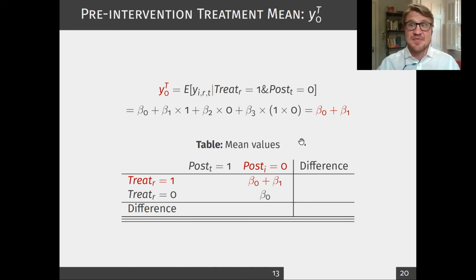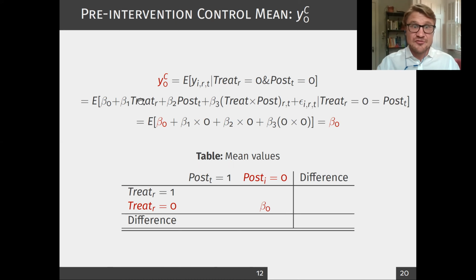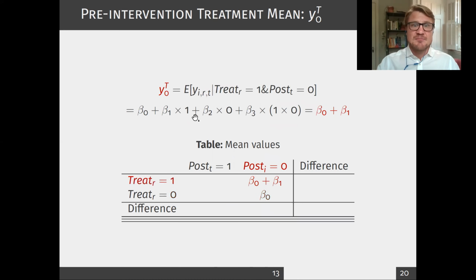Let's try and calculate the mean in the treated group in the pre-period. Now, of course, this is the expected value when treat equals 1, it's the treated group, and post equals 0. And now you have beta 0 plus beta 1 times 1 because treat equals 1, but post equals 0 and treat times post equals 0.